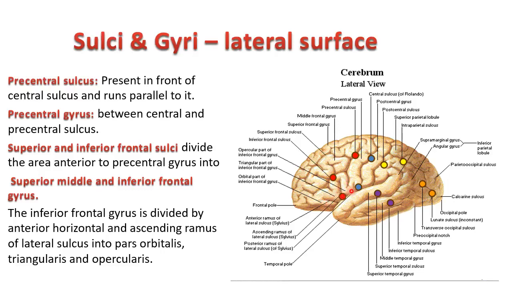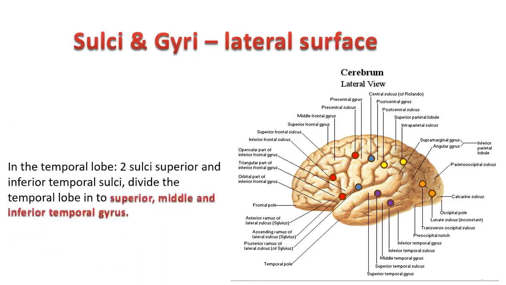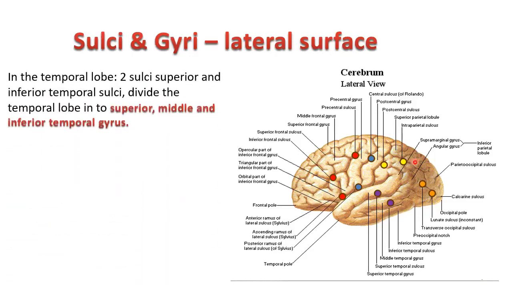And opercularis means operculum or a lid, because it is like a lid. If you just lift it, in the depth you can see the hidden insular cortex. That is why it is called pars opercularis. So the inferior frontal gyrus area is divided by these two anterior ascending and anterior horizontal sulci into pars orbitalis, triangularis and opercularis.